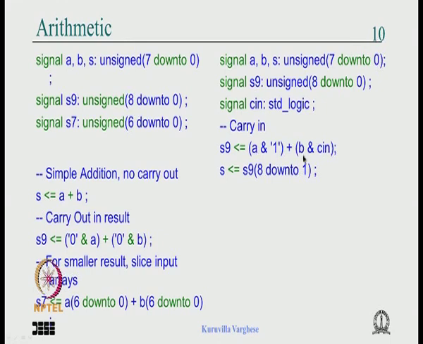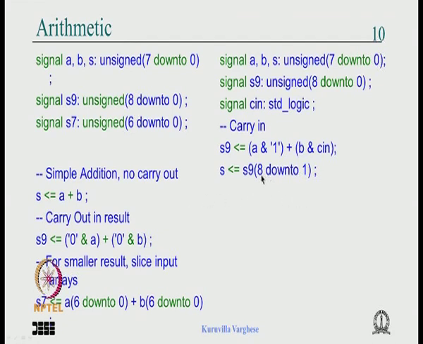A and B are 8 bit and the result is 9 bit, and what we do is we append the least significant bit of A with 1, and then Cin is the least significant bit of B. Then this being 1, if the carry in is 0, no issue, nothing will be propagated to the next one. But if carry in is 1, the result at the least significant bit is 0, but there is a carry into the next place. So we have to ignore that last bit because that was added to get the carry into the chain.